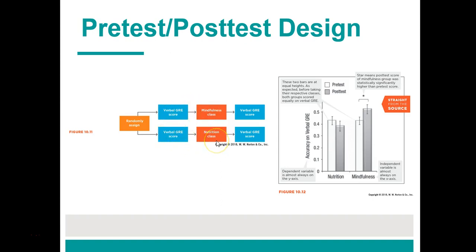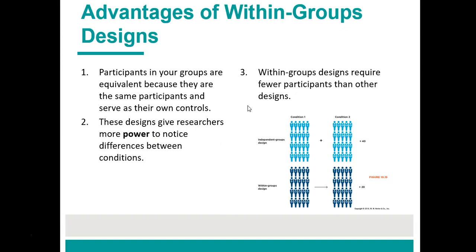Then we did the treatment, and then if we see that verbal GRE score goes up for those who took the mindfulness class compared to those who didn't, we have again reason to say that something about a mindfulness class causes an increase in verbal GRE scores.